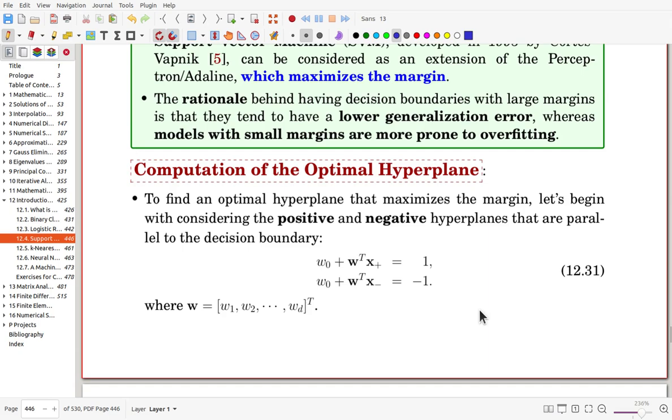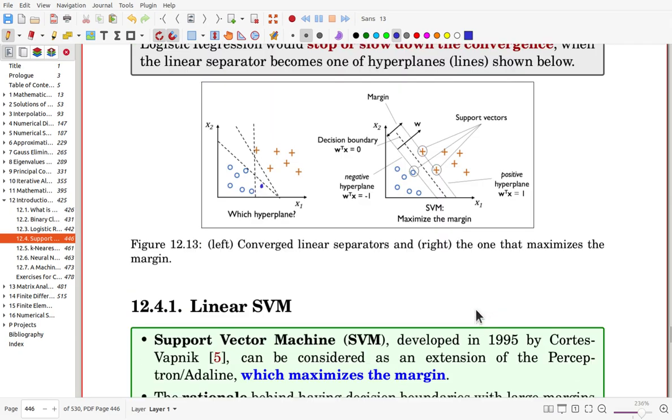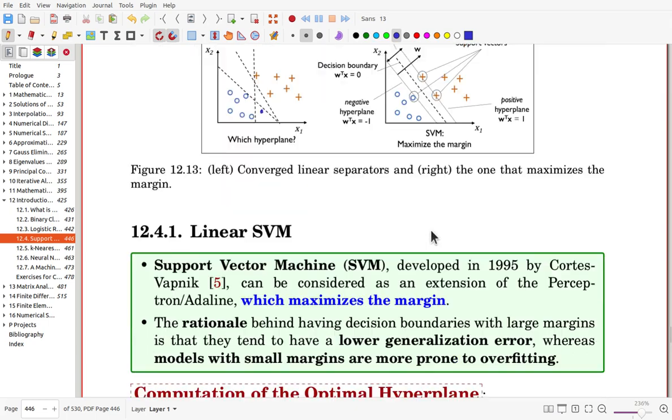Now, we get the weight so that the net input is 0 on the boundary, and that is 1, and this is -1. And then we try to maximize the margin. So start with the equations for the lines, where the net input is 1 on one and -1 on the other.